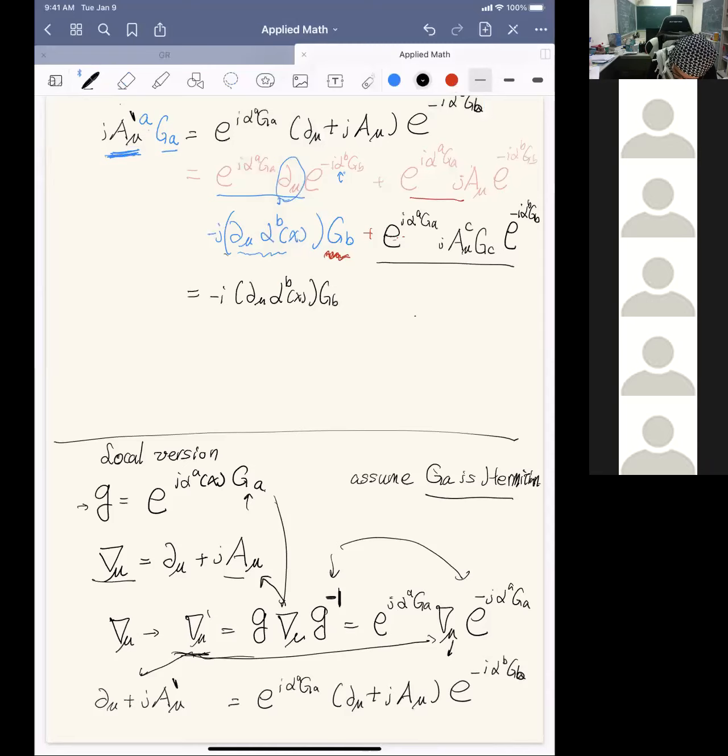Here I need to expand, so I want to expand up to linear order, plus i alpha, sorry, so this is actually minus. So minus alpha_A G_A G_C times A_mu^C plus, so this term comes down, becomes plus alpha_B G_C times G_B.